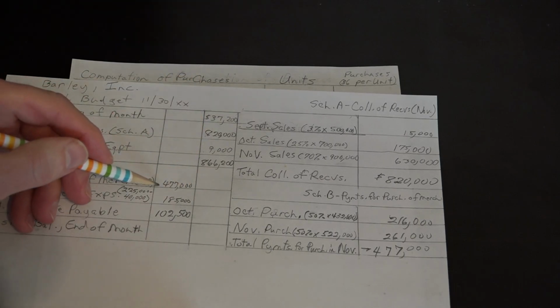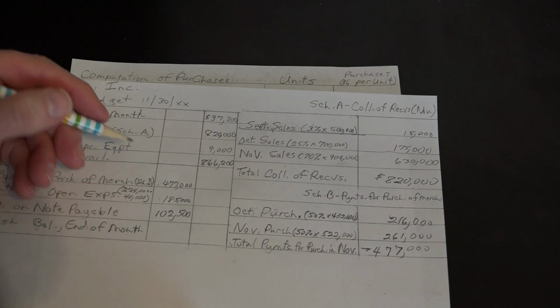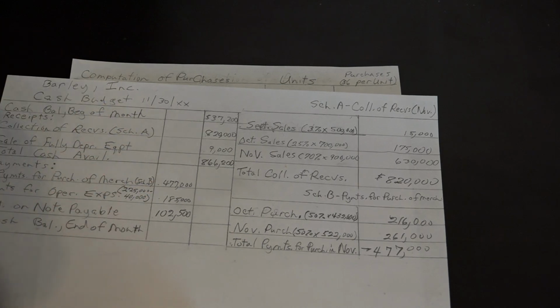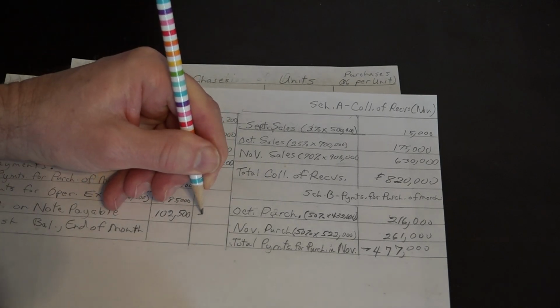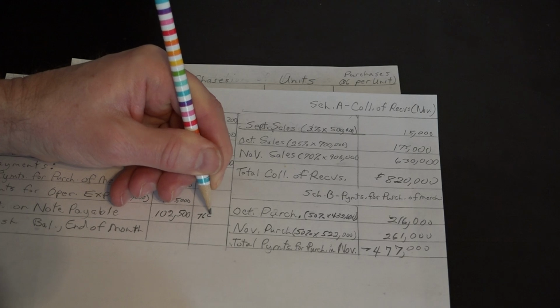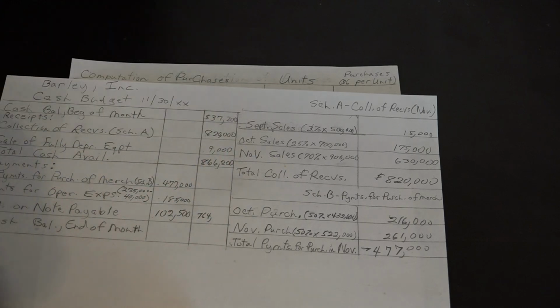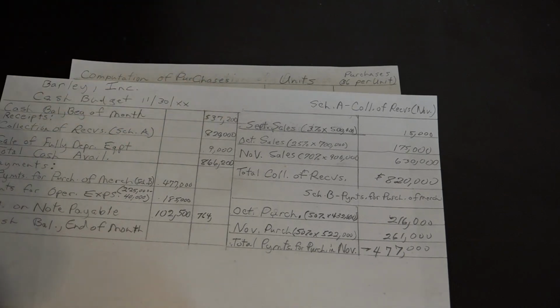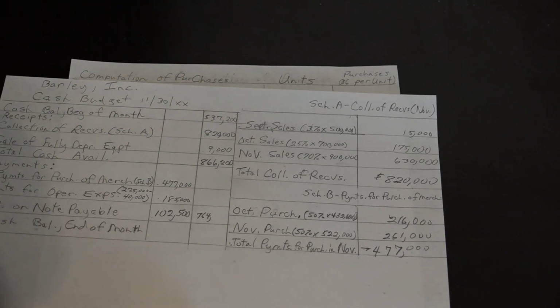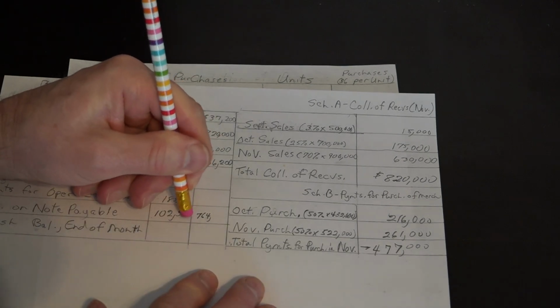And so if you add up this number, this number, this number, what you come up with is a total of, oh, excuse me, this is 102,250.